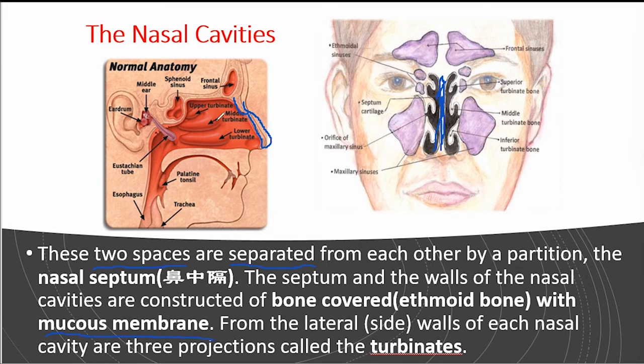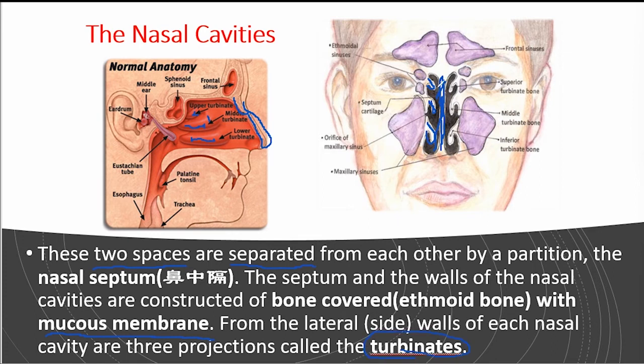On each side of the nose cavity, on the side part, they have three bumps there. If you look in here, you can see three small bumps. These three bumps we call turbinates.